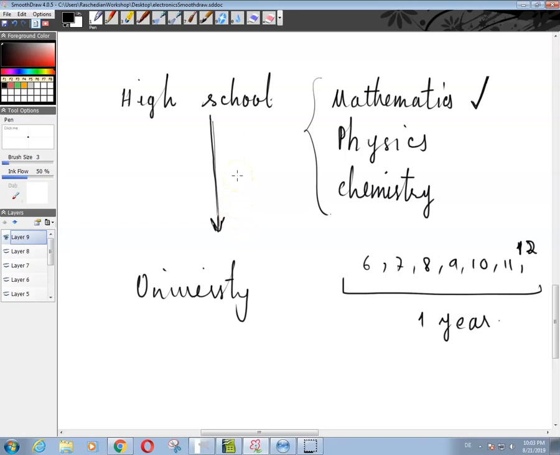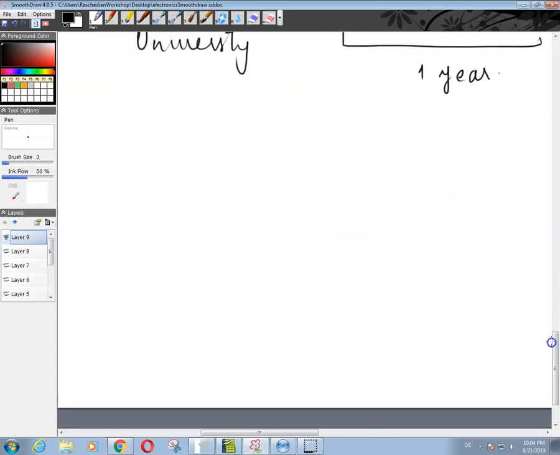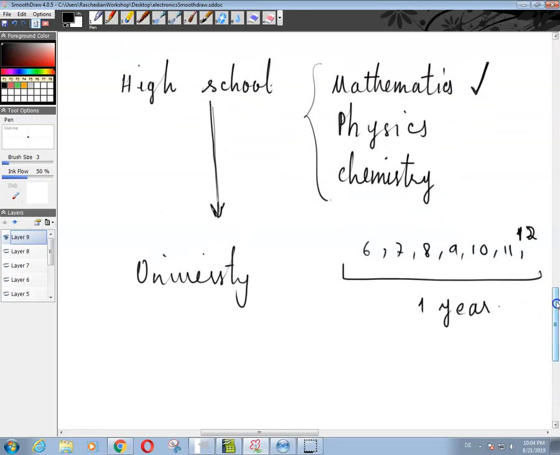Now, by taking this path, you will have a very thorough understanding of electronics. But what I want to do right now is learn a little bit of the theory of electronics without having a very thorough understanding of it.